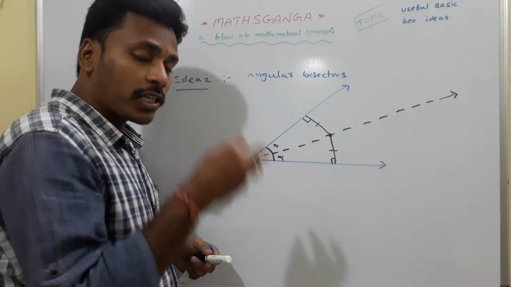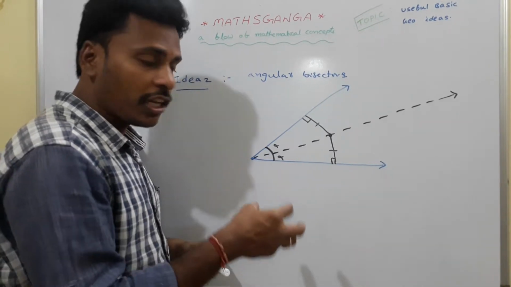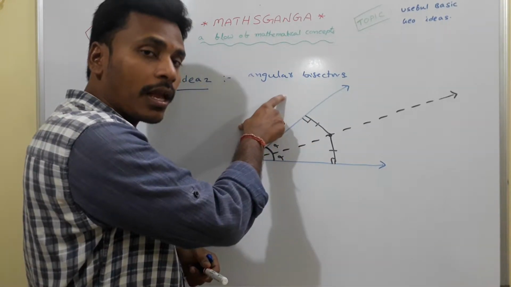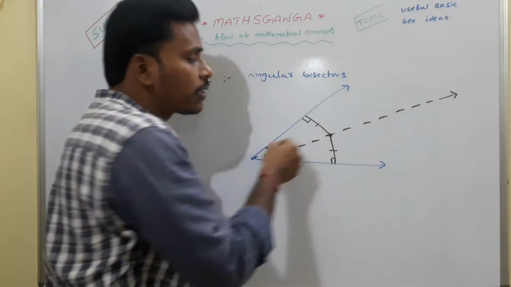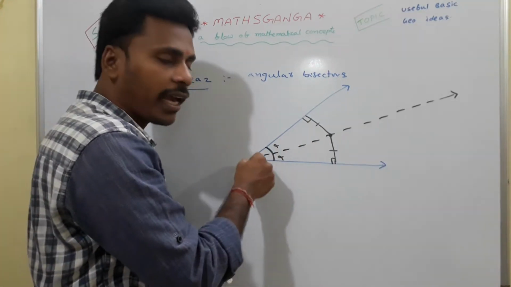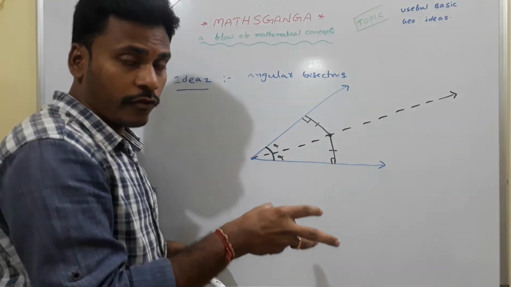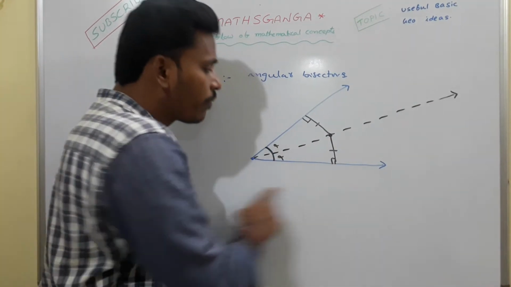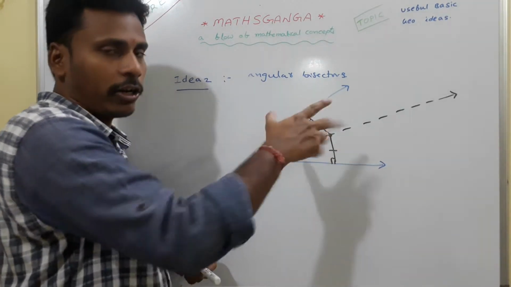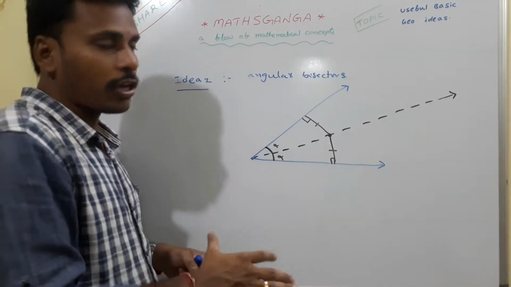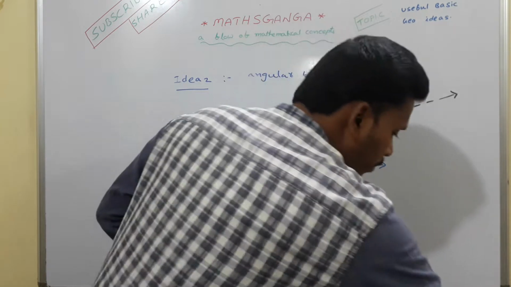So to establish a supermarket which is nearer to these two streets, I need to locate it on the angular bisector of these two streets. If I take a shop for rent on this angular bisector, then surely it is equidistant from all the houses on the two arms of that angular bisector. So there is a regular situation. This is the second idea of angular bisector.